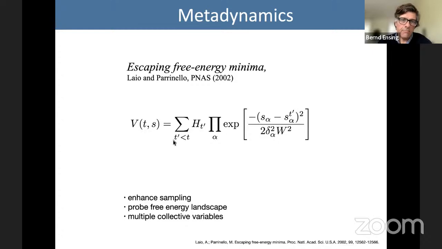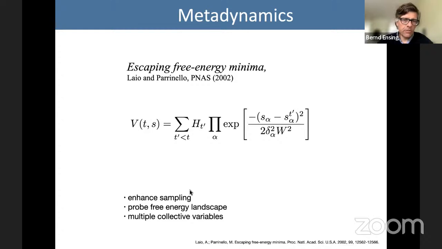Right, so this is a sum over time from the past until now, time t, of these Gaussians that have some width and some height h, and the fact that there's a product here means that they are multivariate Gaussians, which means you can have more than one collective variable. So alpha is the product over collective variables, right? So for example, you could have S1 and S2. So two collective variables or more, right?